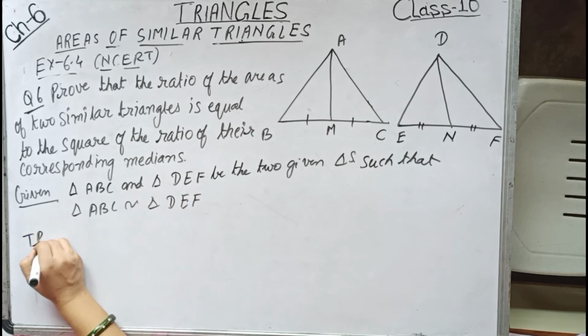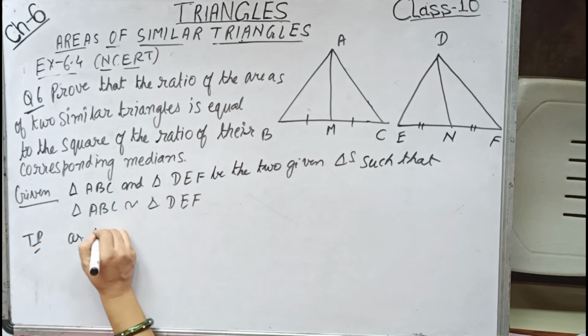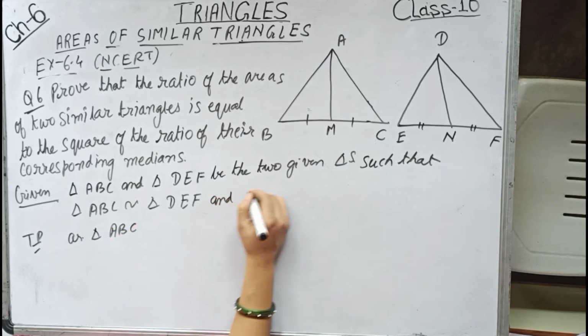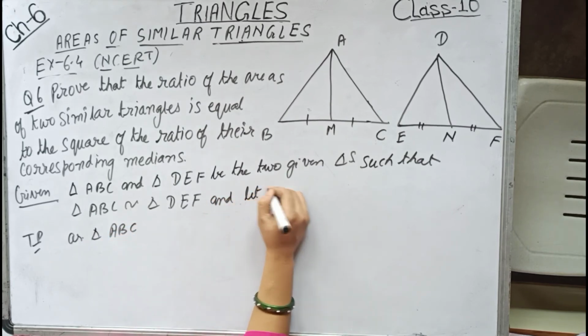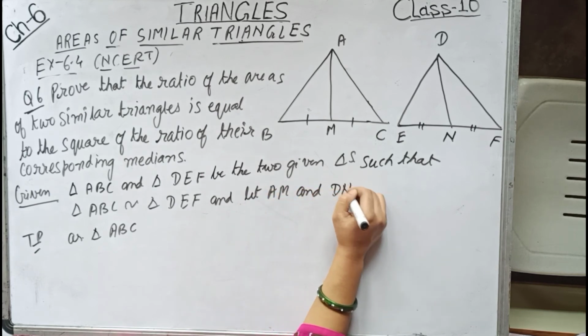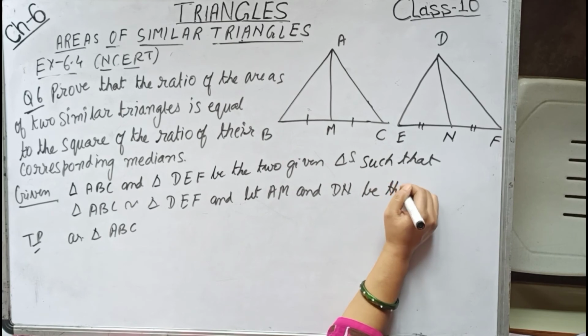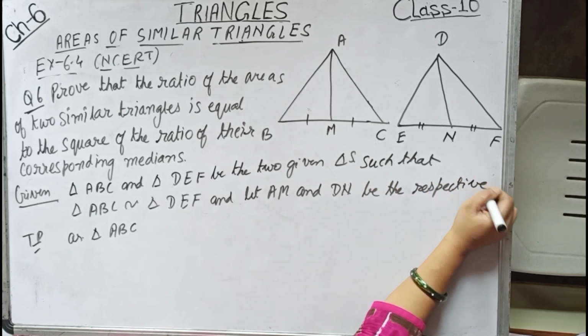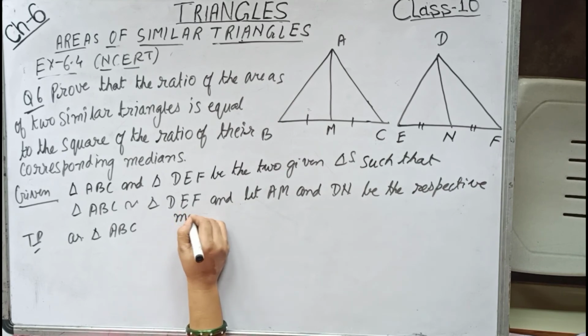To prove: area triangle ABC by area triangle DEF equals the square of the ratio of the medians, and let AM and DN be the respective medians.